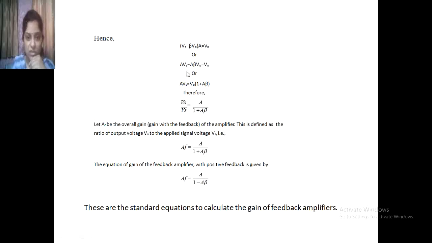Rearranging this equation and taking the common factors outside, we get V0 divided by Vs is equal to A divided by 1 plus A beta. This is the output voltage divided by the input voltage, so this is the overall gain of the circuitry. For negative feedback, the overall gain is A divided by 1 plus A beta, and for positive feedback AF is equal to A divided by 1 minus A beta. These are the standard equations of the gain.